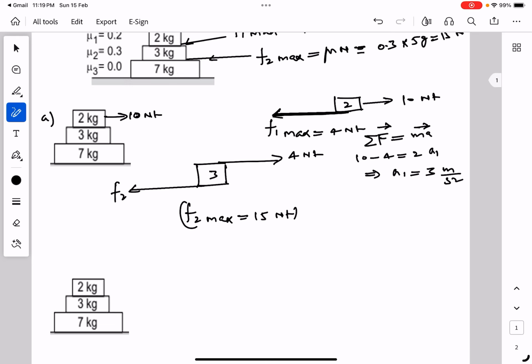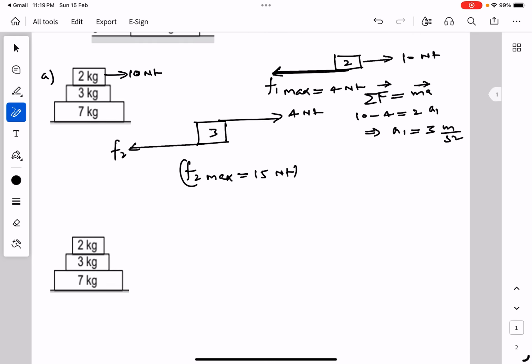Let's find out their common acceleration. Net force is 4 Newton, mass is 3 plus 7 into A, so this gives us A equal to 0.4 meter per second square.